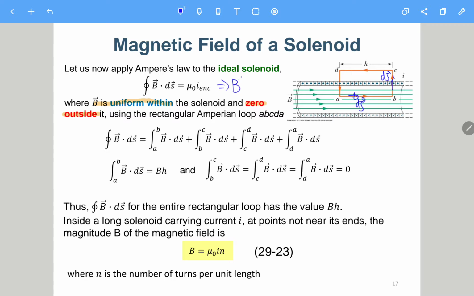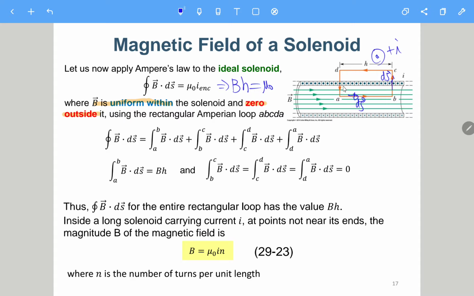So we have BH on the left side, and for the right side, we have mu 0 times I enclosed. We really need to count it a bit. This loop is counterclockwise, so using the right-hand rule, the positive side is pointing out of the page. We point 4 fingers following the direction of this Ampere's loop, and then your thumb is pointing out of the page. So pointing out of the page is a positive current. In this case, we need to count how many currents are going out of the page within this Ampere's loop.